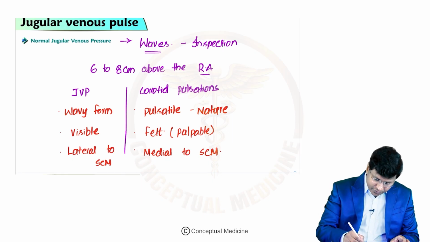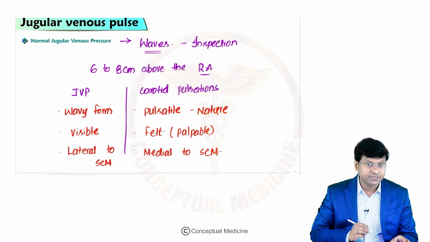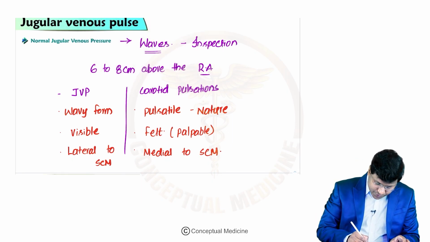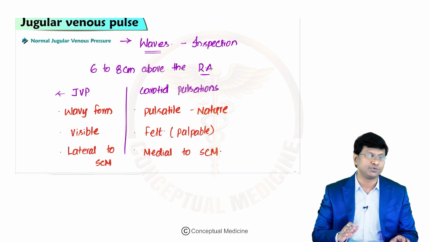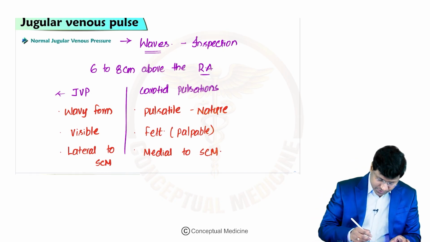Next, if you see the jugular venous pulsations, you have the presence of the hepatojugular reflex. That means when you apply pressure over the right hypochondrium, the jugular venous pulsations increase.